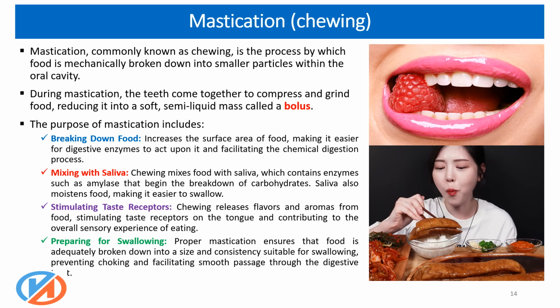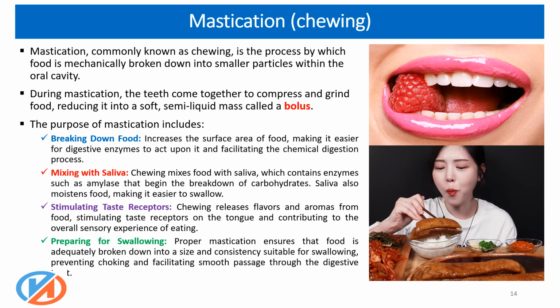So the main purpose of mastication is to convert the solid food material into a semi-liquid mass called a bolus, or to reduce the size and the strength of the food.